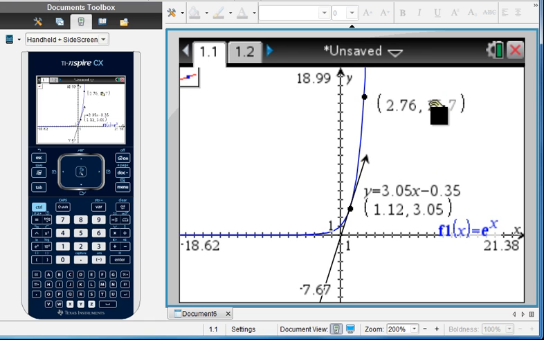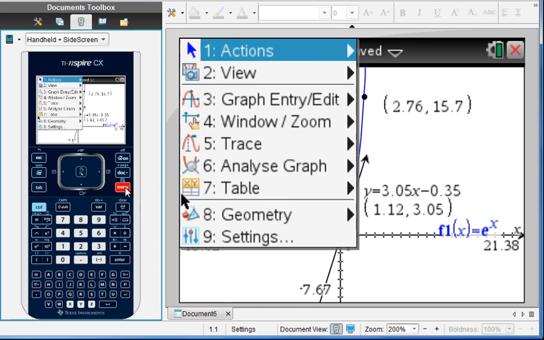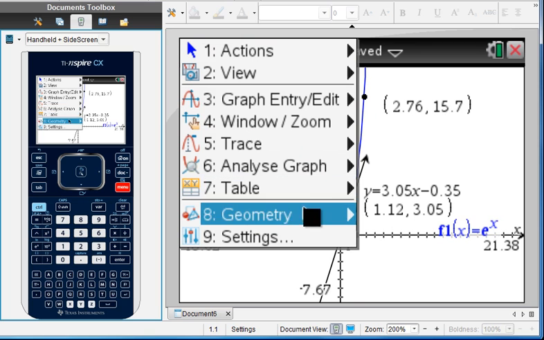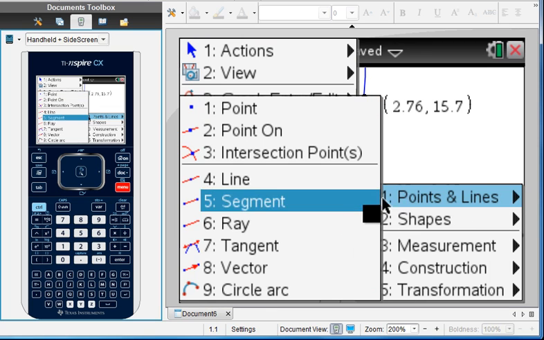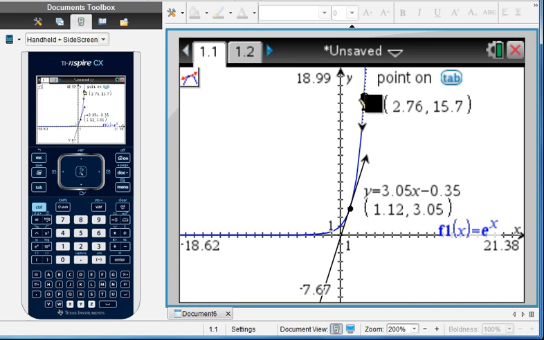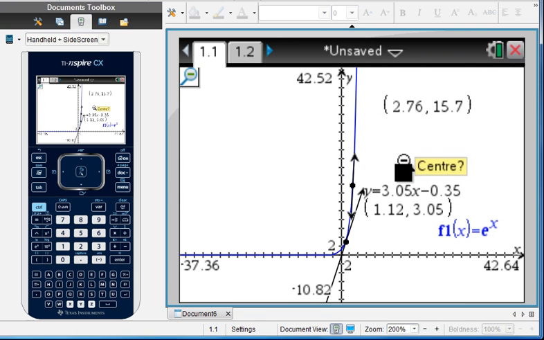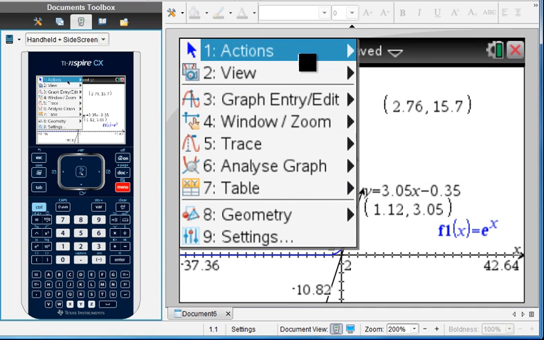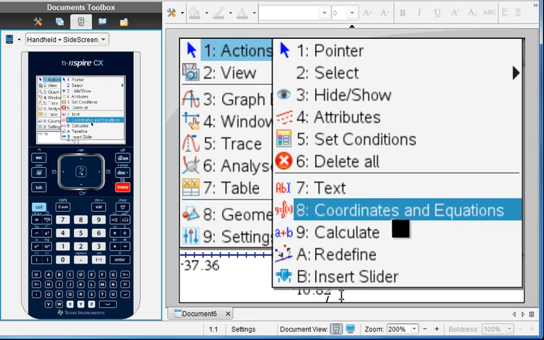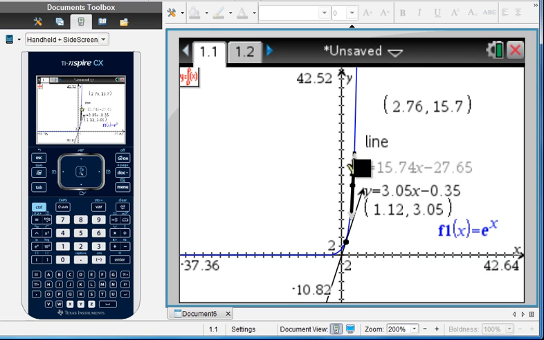Now first draw the tangent. Tangent in this point, and let's zoom out a little bit. There we go. And now I would like to know the equation for this tangent.